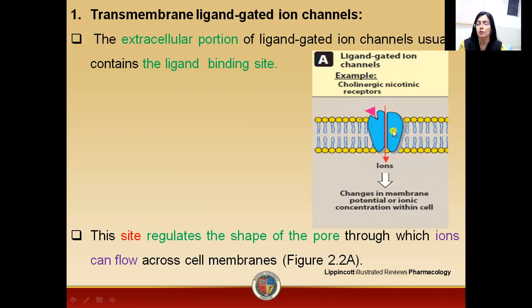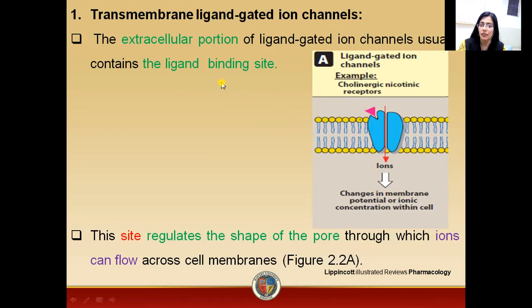This blue color is actually representing a receptor that is ligand gated ion channel, and this pink color is representing a ligand, and this ligand will bind itself to a site which is called the ligand binding site. And after binding of this ligand to the receptor, there will be a biological change within the cell. There will be a production of biological response.